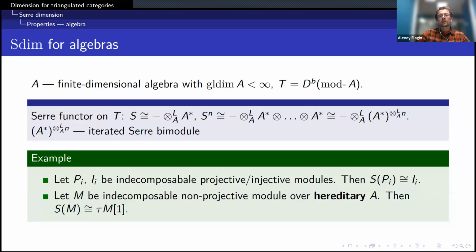So iterations of such a functor are tensoring with the iterated derived tensor product of this bimodule, and studying dynamics of iterations of the Serre functor is the same as studying these iterated derived tensor products of the Serre bimodule with itself.